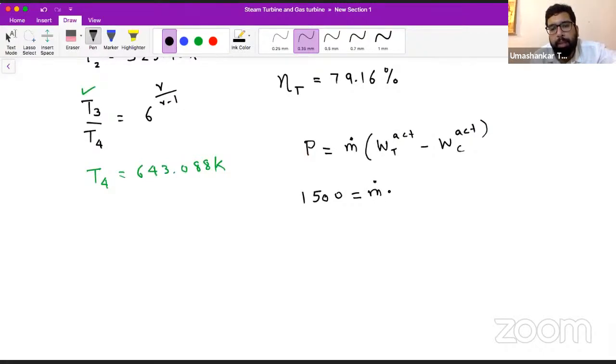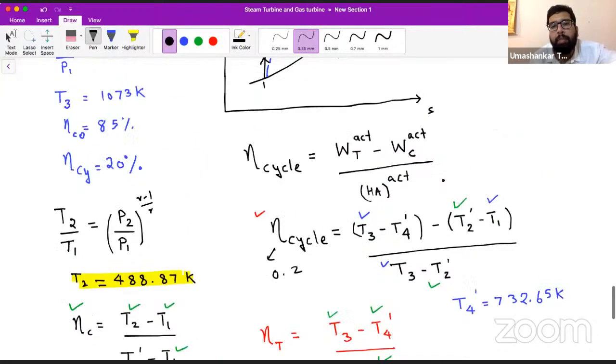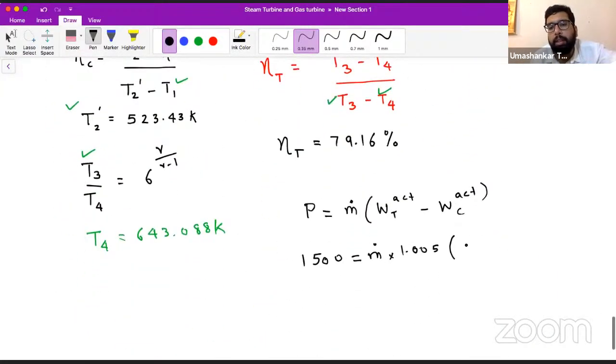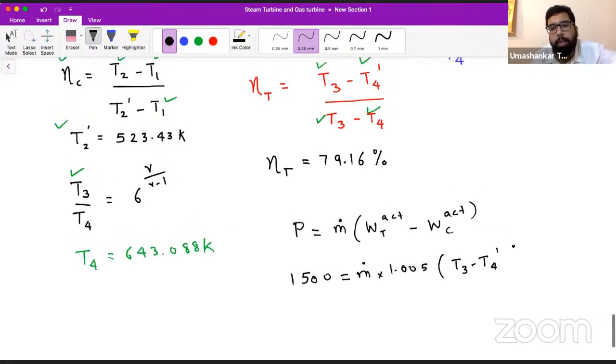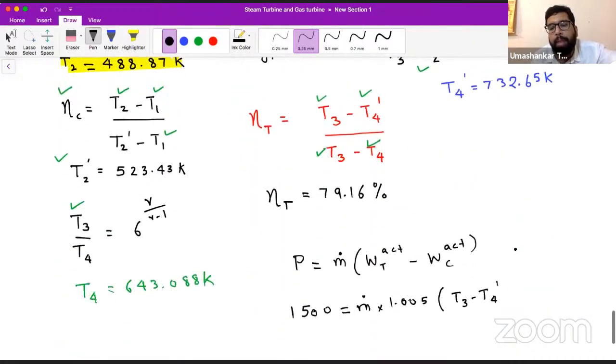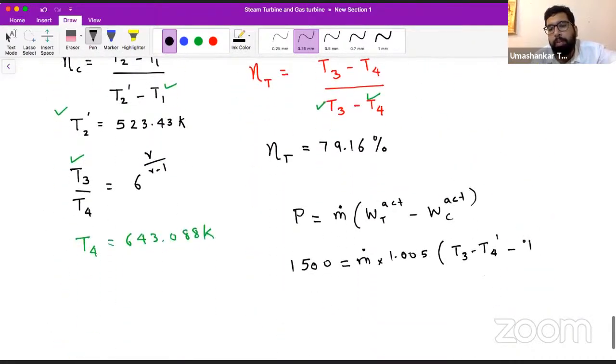So CP is 1.005 kilojoule per kg Kelvin. As I have written it in kilojoule per kg Kelvin, you have to write power in kilowatt only. So what is the actual turbine work? Actual turbine work is T3 minus T4 dash. You have T3, and you also have T4 dash. Minus compressor work. Compressor actual work is what?